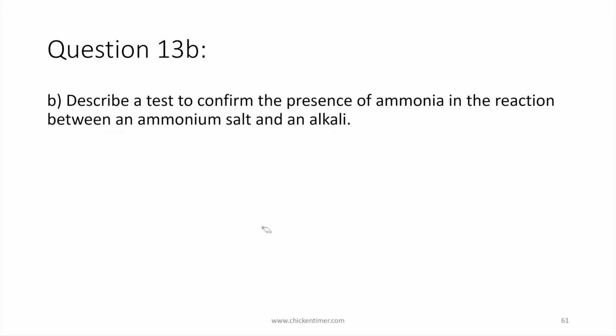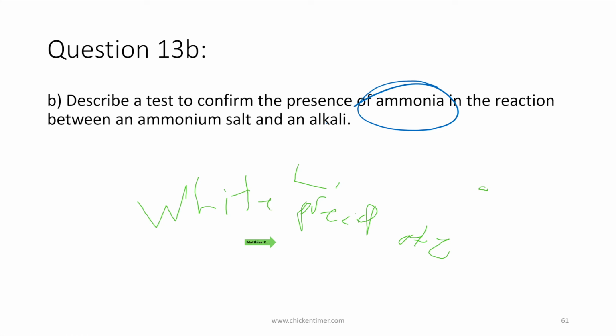Describe a test to confirm the presence of ammonia gas in the reaction between an ammonium salt and an alkali. Test for ammonia. White precipitate is not a test for ammonia.